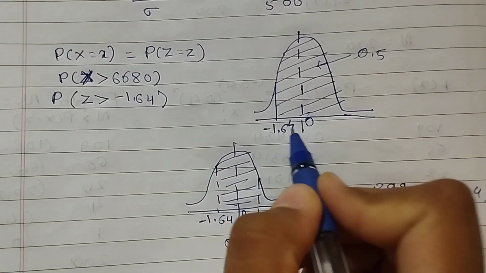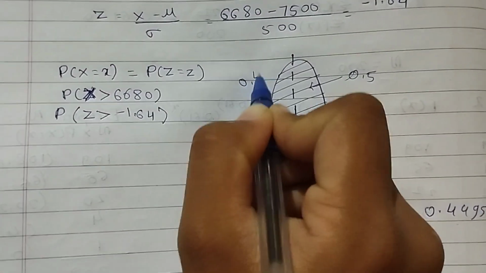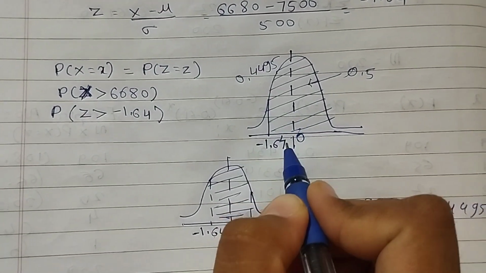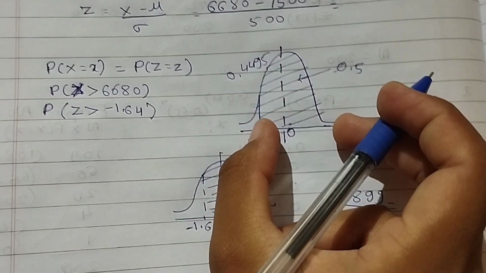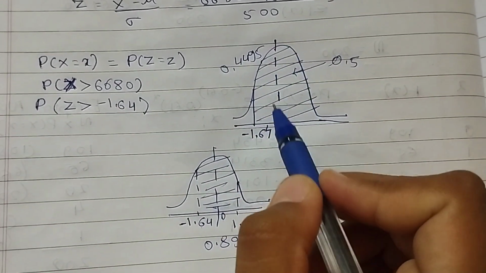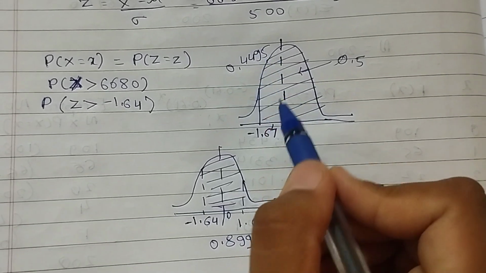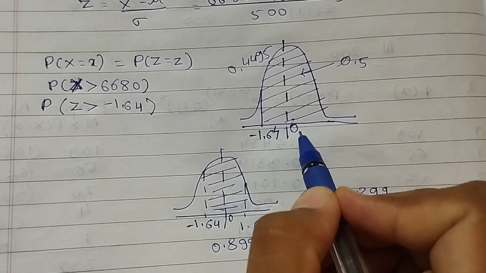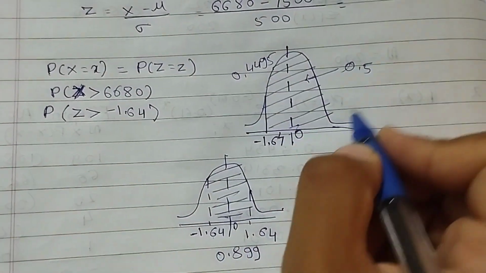Now we know the area of that much curve which is 0.4495, and now if we add this portion with the right side, then we get the whole area. So if we want the area which is greater than minus 1.64, then we add half of 0 to minus 1.64 and 0 to infinity, and we get the whole area.